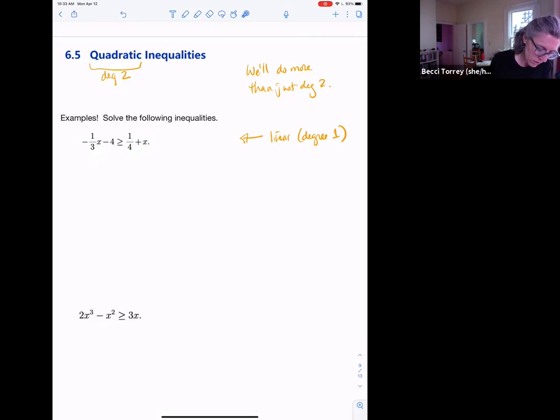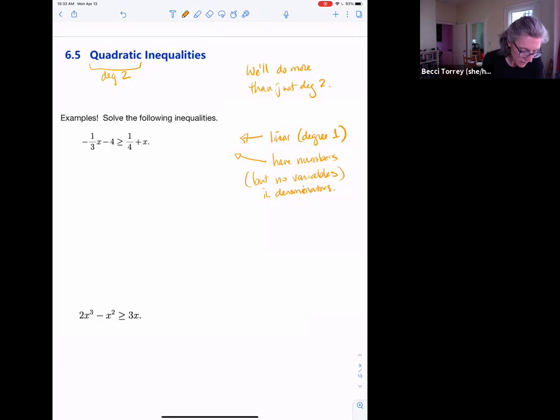So also note that we have numbers, but no variables in the denominators.